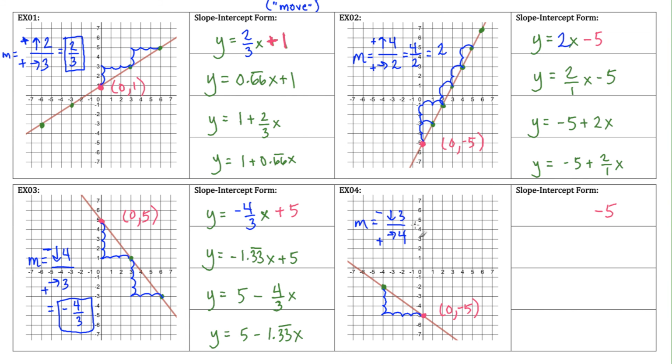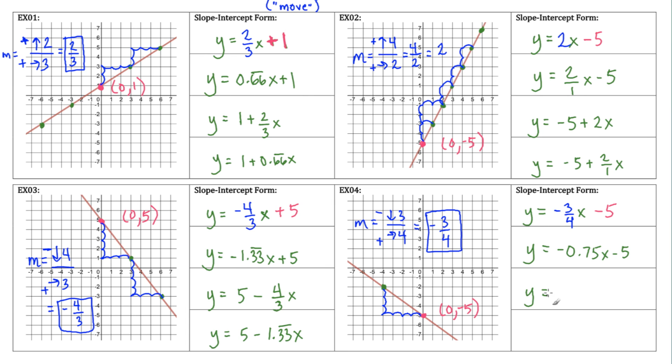Negative over positive is a negative 3 over 4. So negative 3 over 4. And then the y and the x. So my next equation is y equals negative 0.75x minus 5.